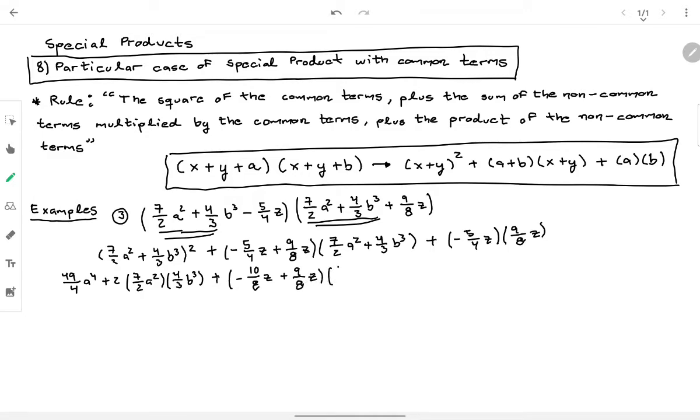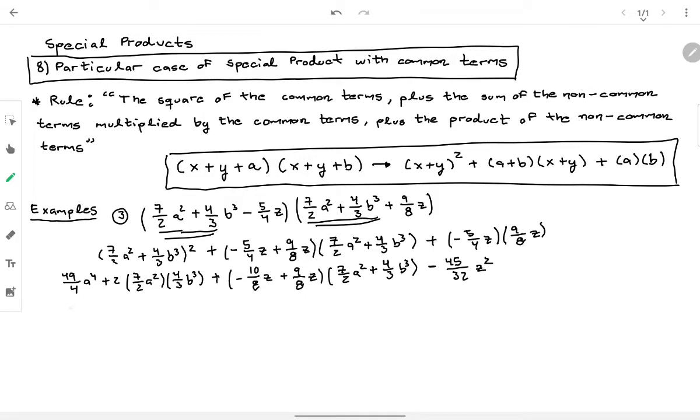That will multiply 7 halves a squared plus 4 thirds of b cubed. Then it's going to be minus 9 times 5, it's 45, 4 times 8, it's 32 c squared.